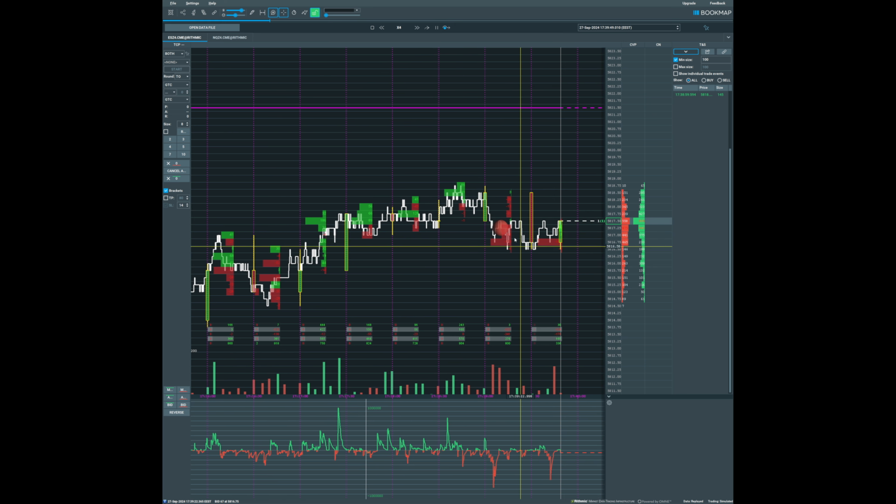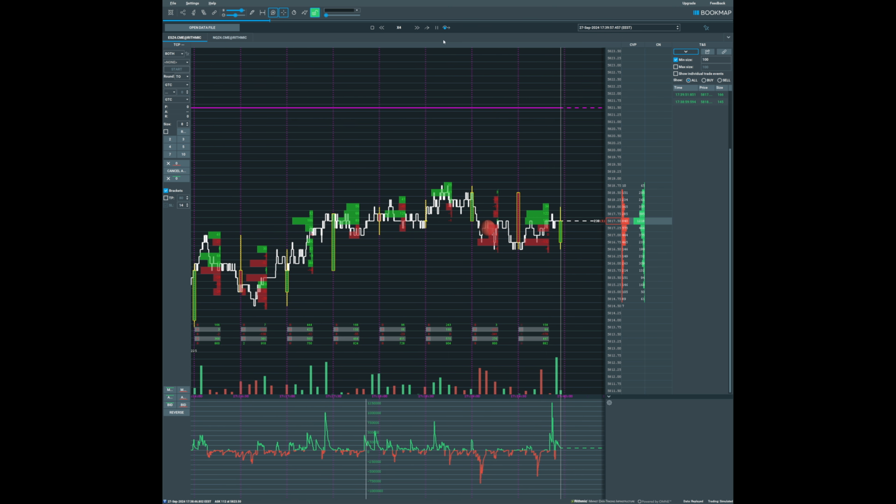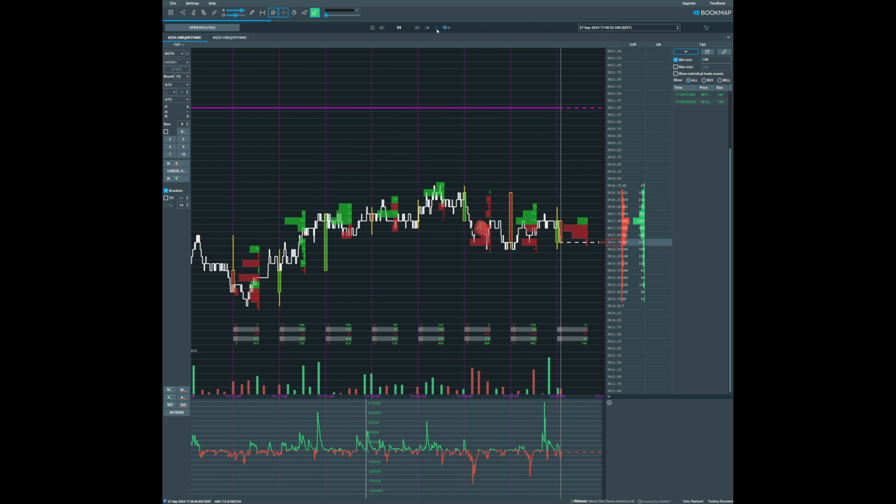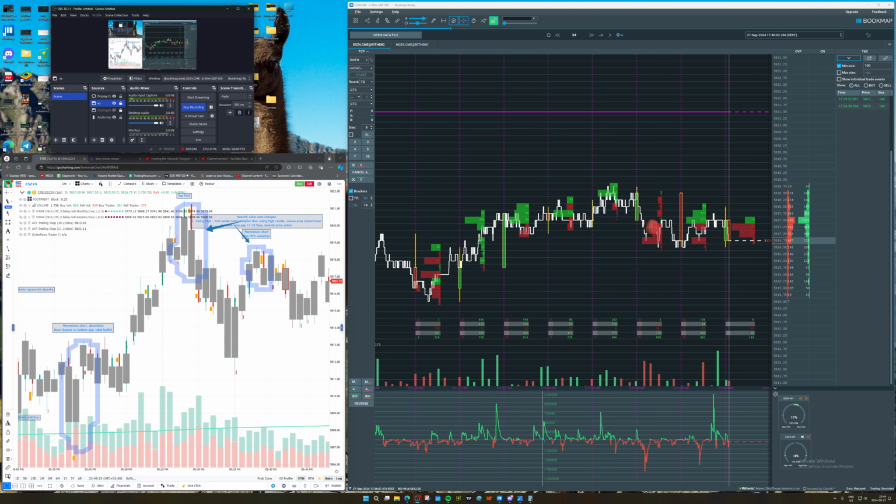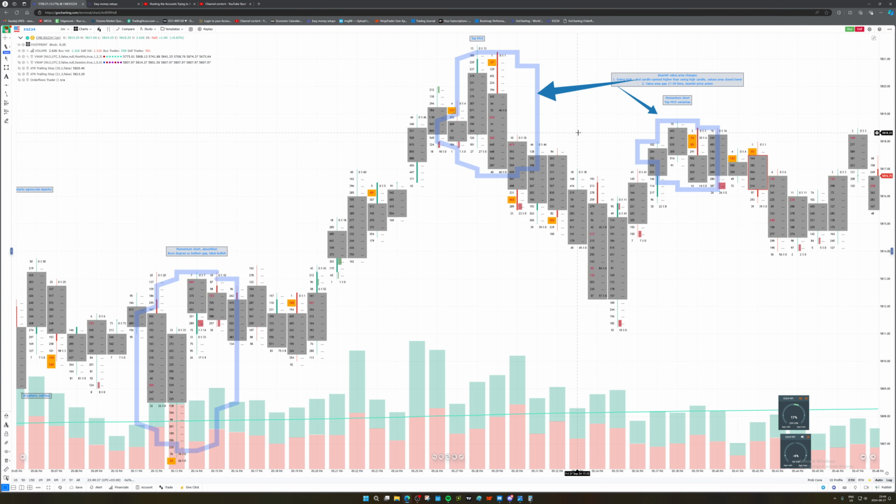Yeah, I see aggressive selling right now, and look, it's 39.0. I'm going to show you this spot, and you will see why it is very important. Let's go back to the chart. Look, this spot in front, in this area aggressive selling occurred.